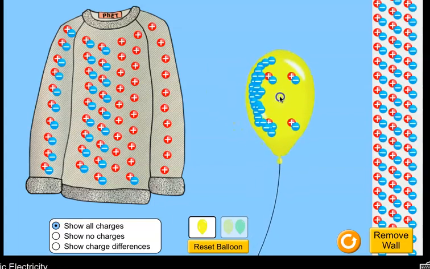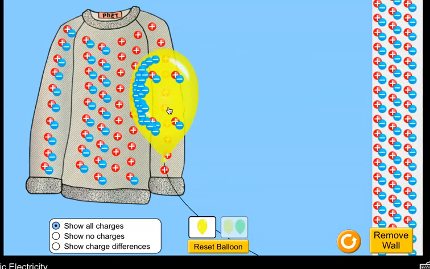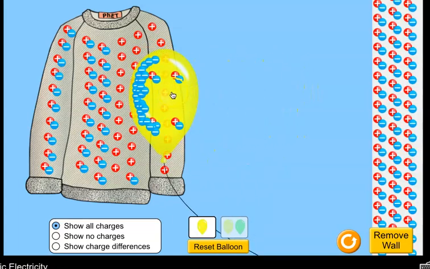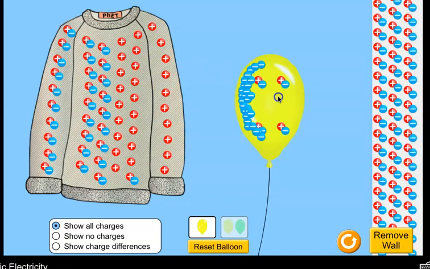And so when I put it in the middle, you can see that the attraction is between the negative charges in the balloon and the positive charges on the sweater. And obviously you see there are more positive charges in the sweater, and of course more negative charges in the balloon.